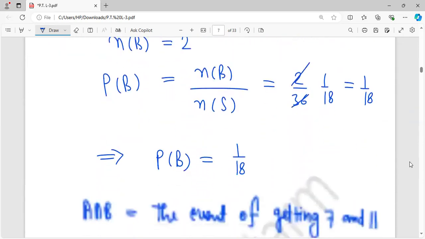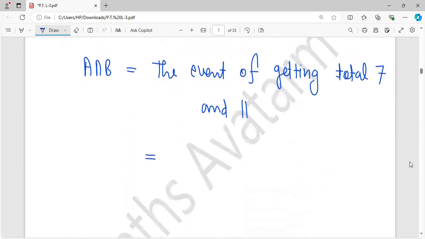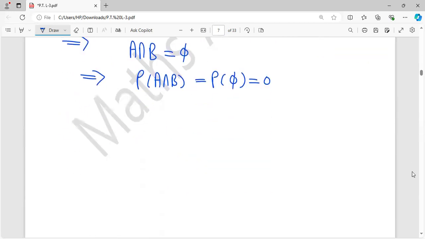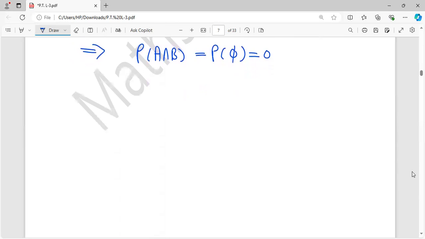There is no common element. So A intersection B is equal to phi. The probability of phi is always 0. So the probability of A intersection B is 0.